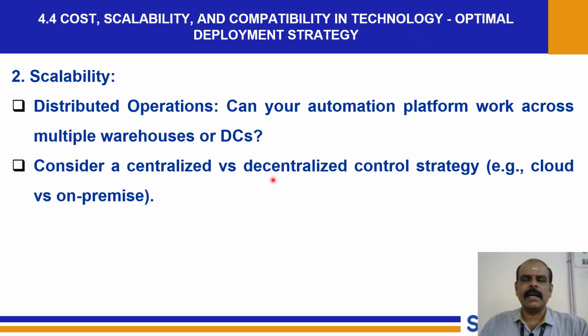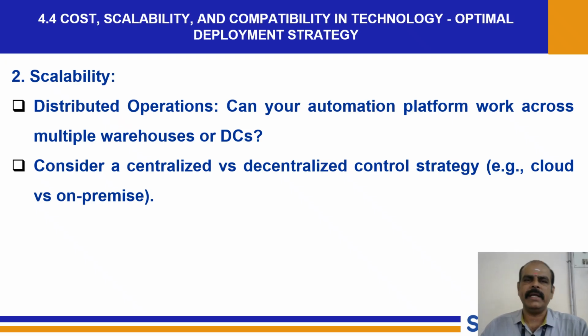Consider a centralized versus decentralized control strategy. Okay, so this is another very interesting concept. Today companies are moving in this particular direction. The term centralized means having a hub. From the hub you transport, everything is going to be centralized. Decentralized is for each and every item having a decentralized mechanism.